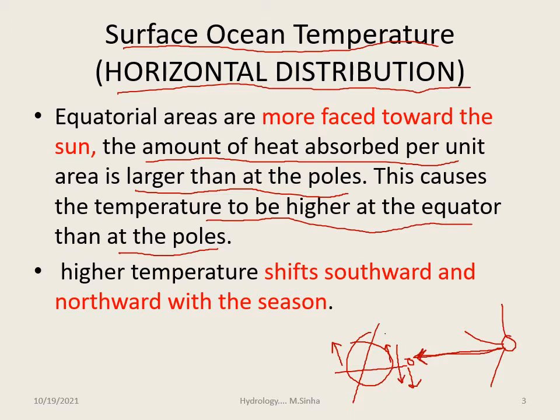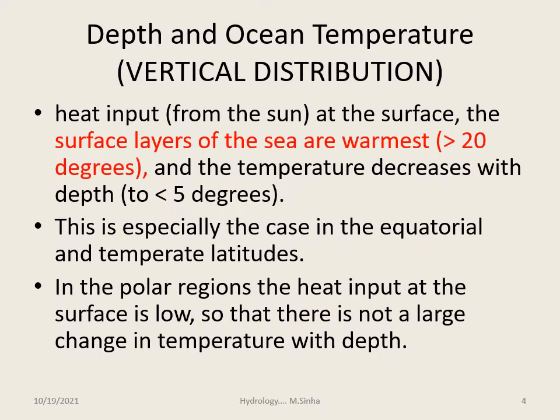So this high ocean temperature zone shifts north and south due to the apparent movement of the sun, due to the apparent migration of the planetary belt or the pressure belt with the variation of the season.